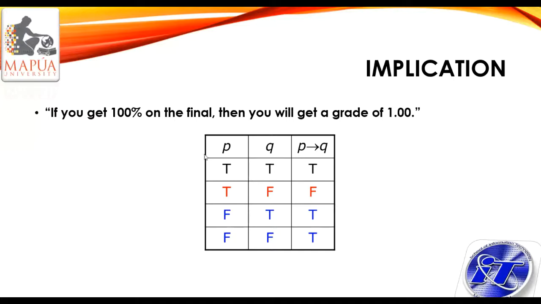Okay, so let's have this example. If you get 100% on the final, then you will get a grade of 1. So let P be: you get 100% on the final. Let Q be: you will get a grade of 1. So if P is true, you got 100, but Q is false, your instructor didn't give you a 1.